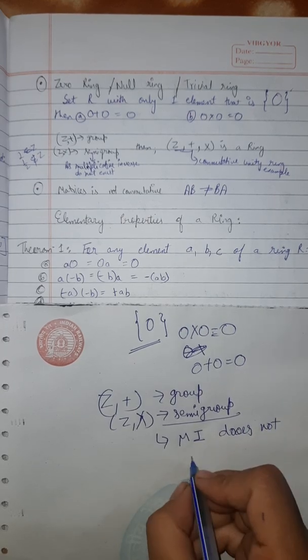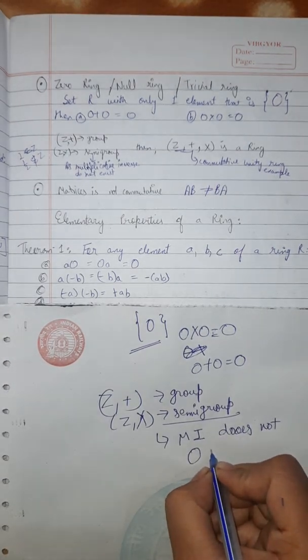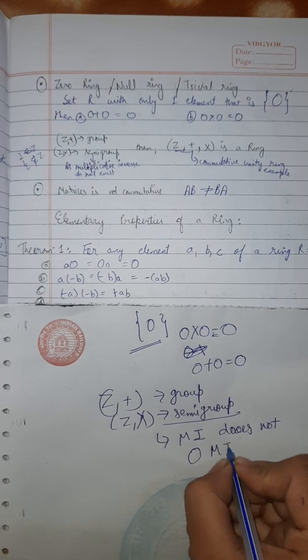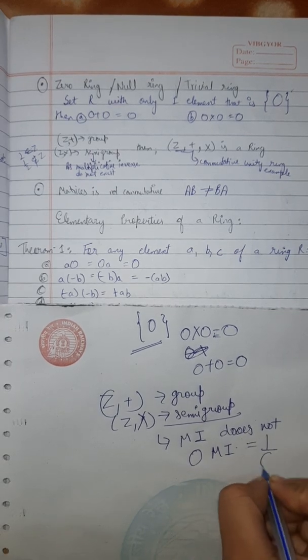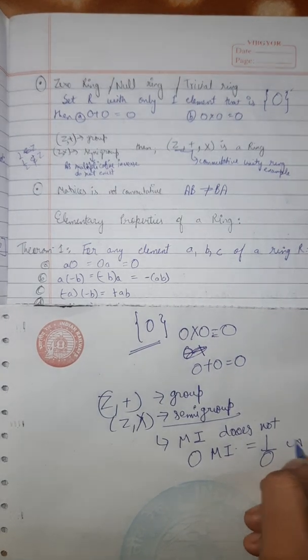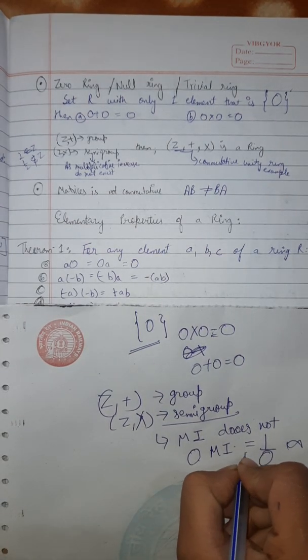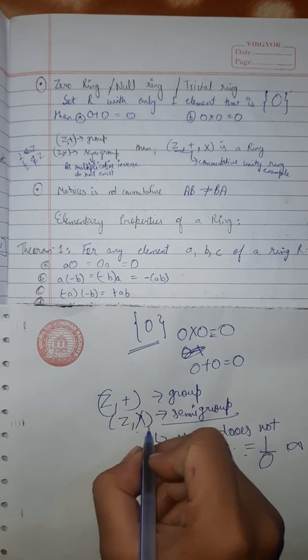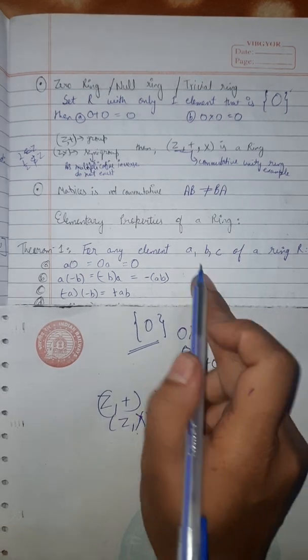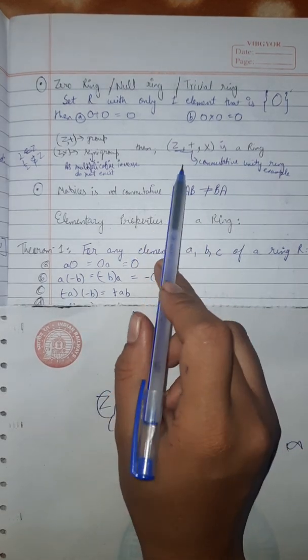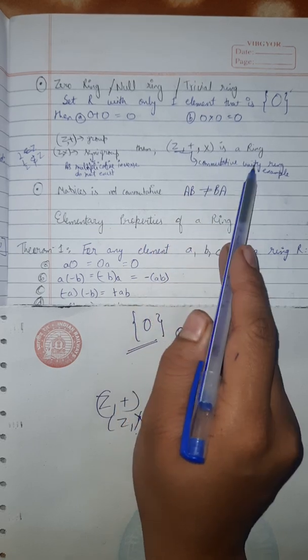As you know, for 0 the multiplicative inverse would be 1 by 0, and this is not defined at all. So for 0 the multiplicative inverse does not exist. Therefore (Z, ·) is a semigroup. So here we have the property that (Z, +, ·) is a ring.